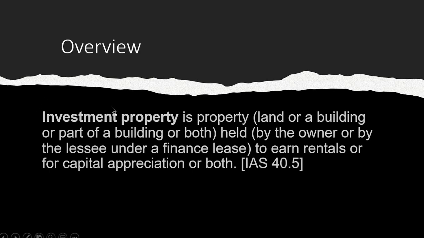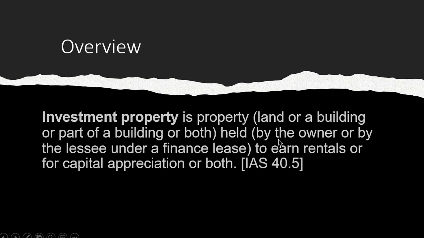Now, an investment property, of course, is being held to earn rentals or for capital appreciation or for both. So for example, we have a property, either land or building or both, and we lease it out, or we rent it out to tenants.